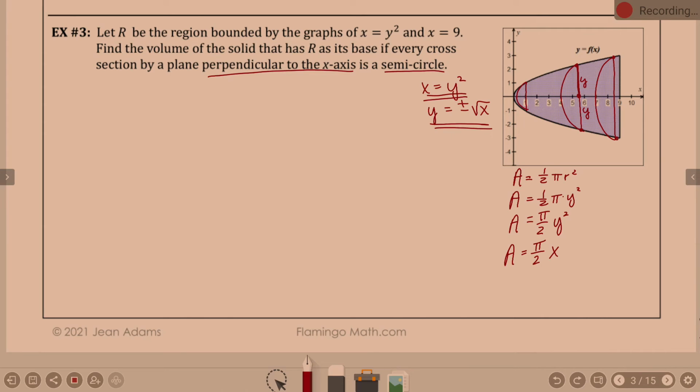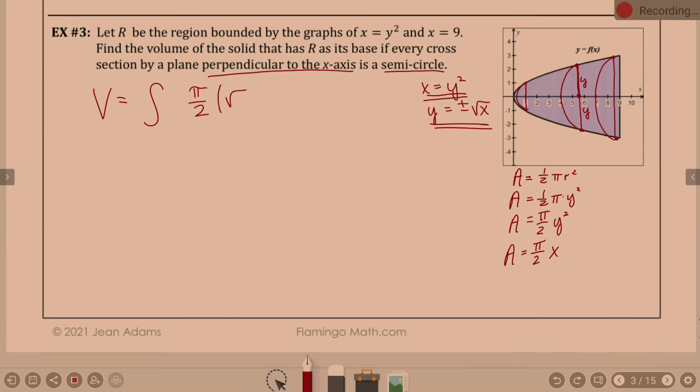Okay. Can you write your volume formula? The area we're integrating is going to be pi over 2, and if I want, I could say the square root of x squared, right?